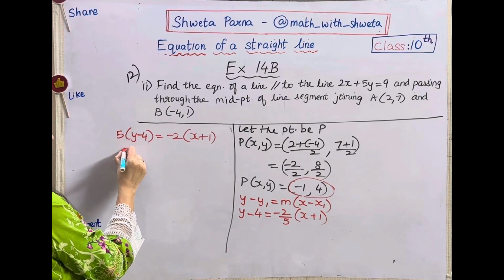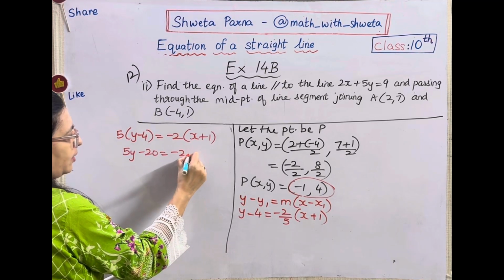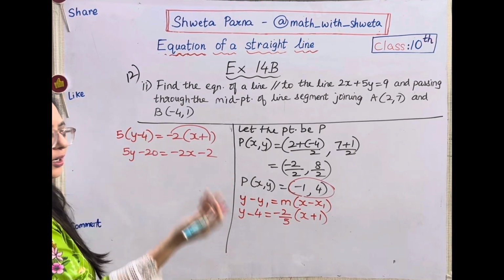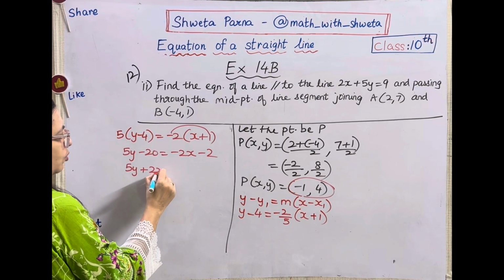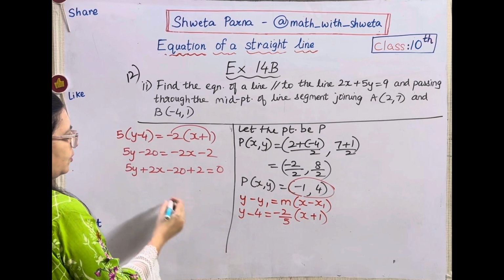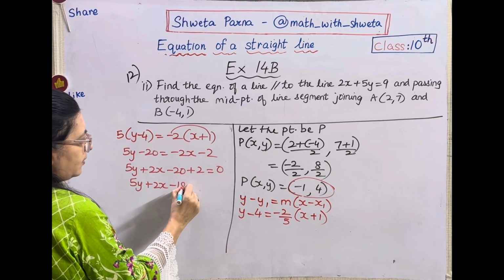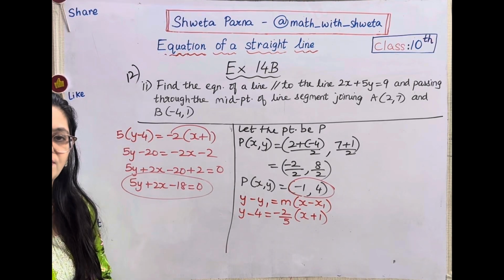So 5 into y is 5y, minus 20 is equal to minus 2x, minus 2 into 1 is minus 2. Take all things to left hand side, 5y plus 2x minus 20 plus 2 is equal to 0. So 5y plus 2x minus 18 is equal to 0. This becomes your equation of the line.